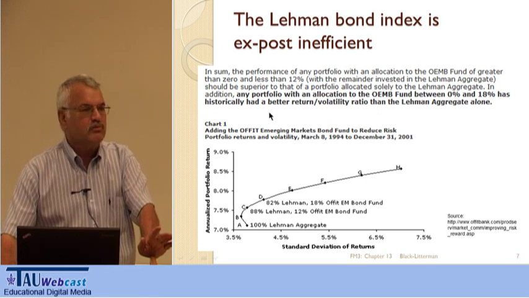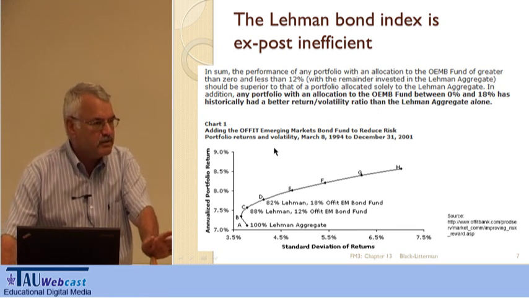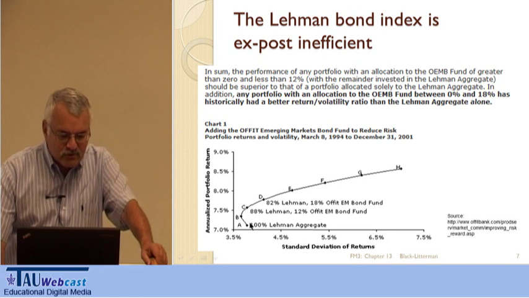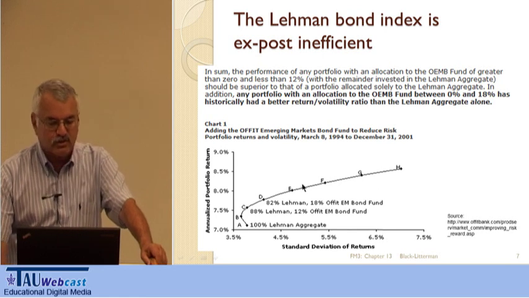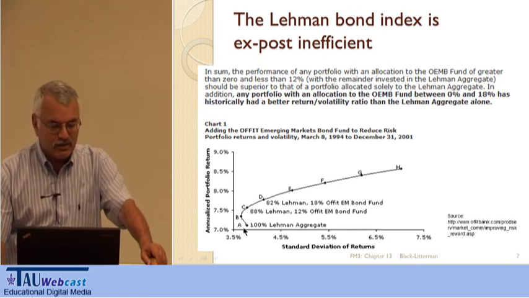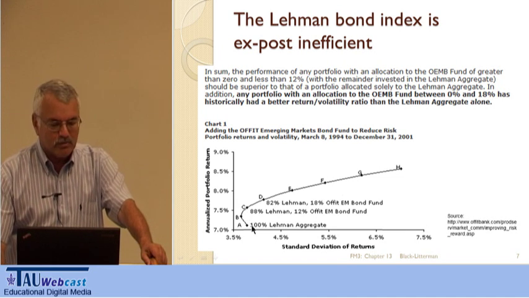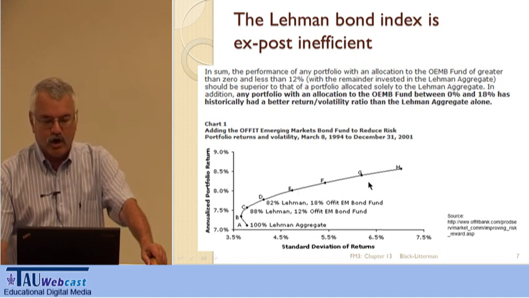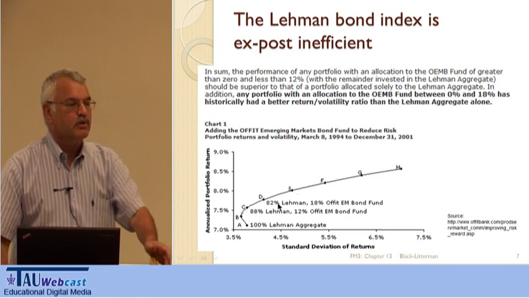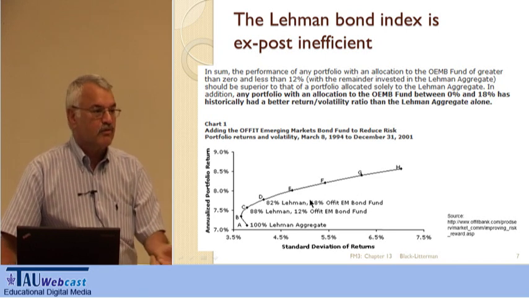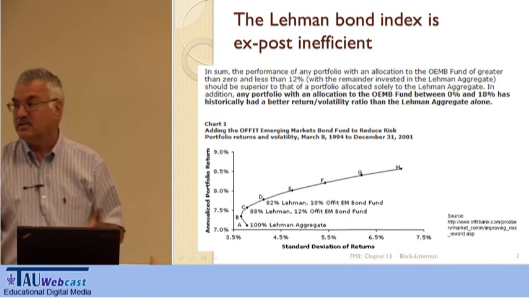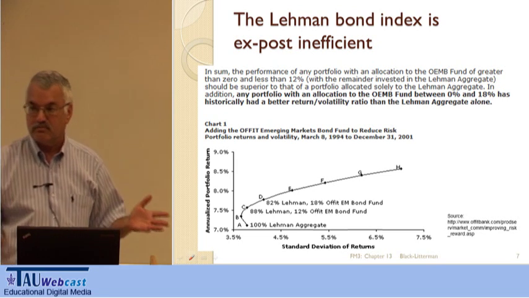They have their own indices. The purpose of this curve is to show you that here's the Lehman index, but if you combine that index with the Offutt indices, then you would have done better. So that proves that the Lehman is ex post inefficient.